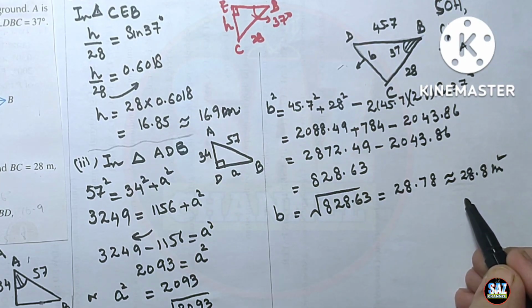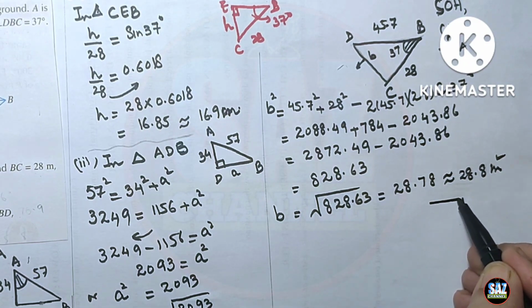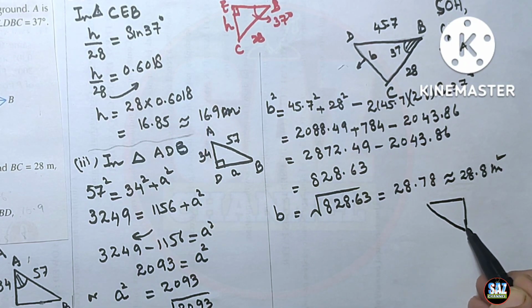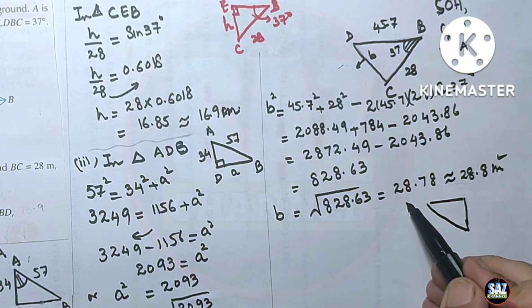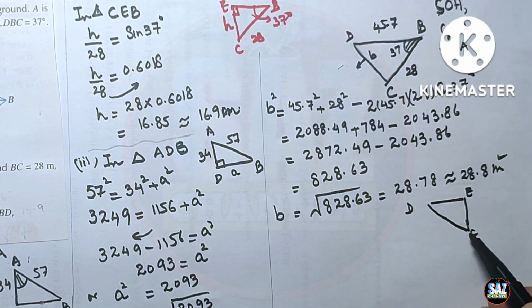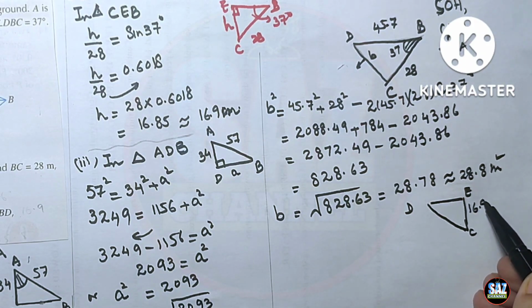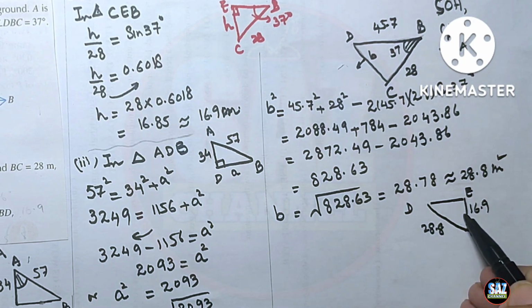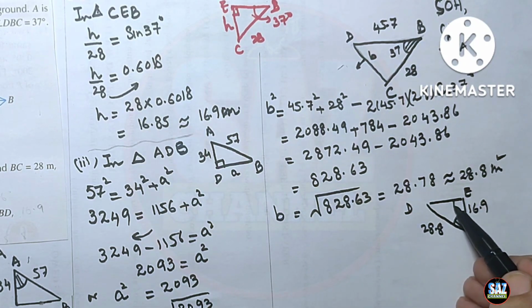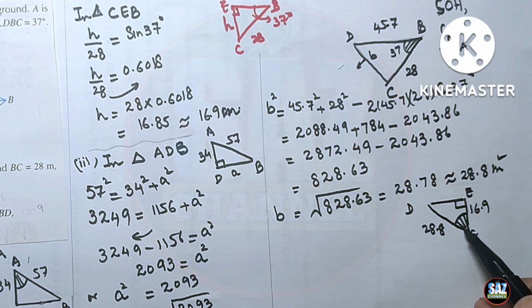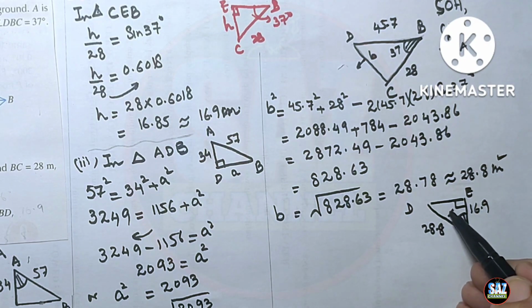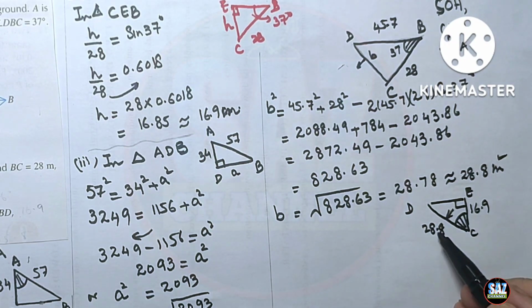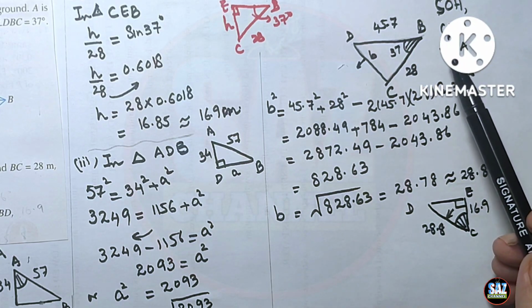Again, we have to take a triangle. Which triangle? Triangle D, E and C. This is 16.9 and this is the value that we just found, 28.8, and the actual requirement is that we have to find angle C. Now observe that with reference to this acute angle, 16.9 and 28.8 are adjacent and hypotenuse, so we need to apply cos.